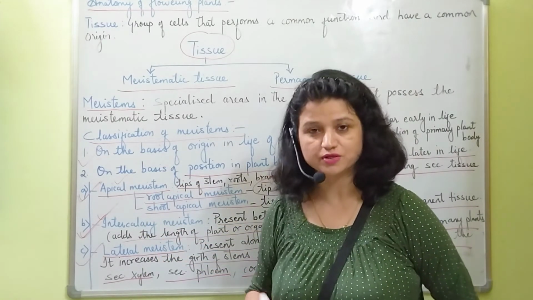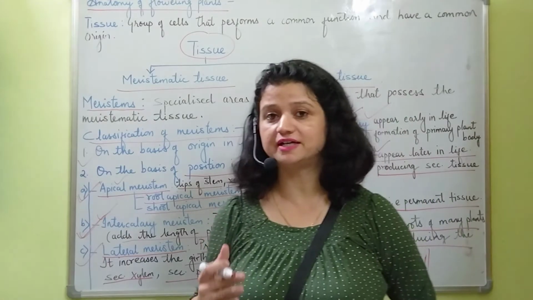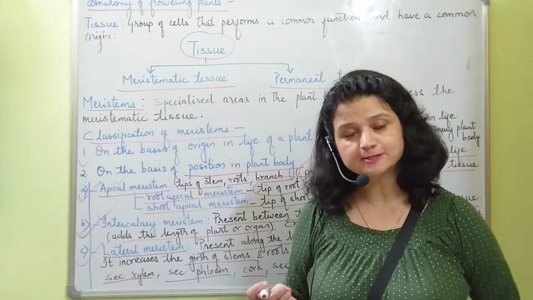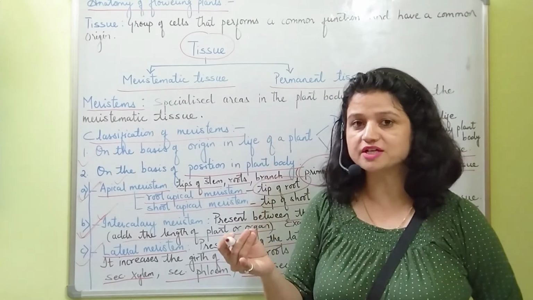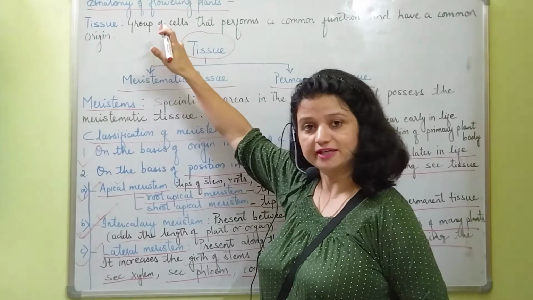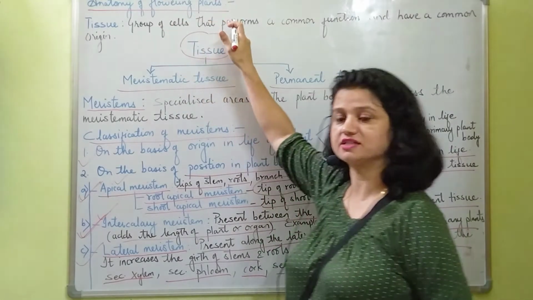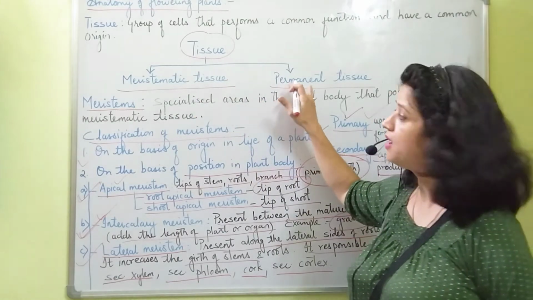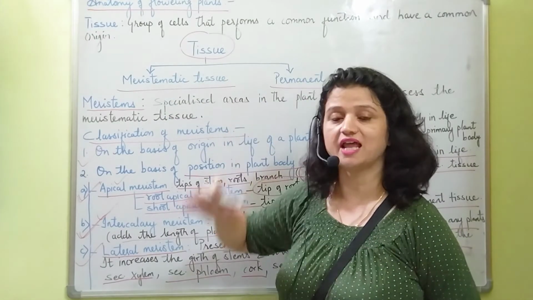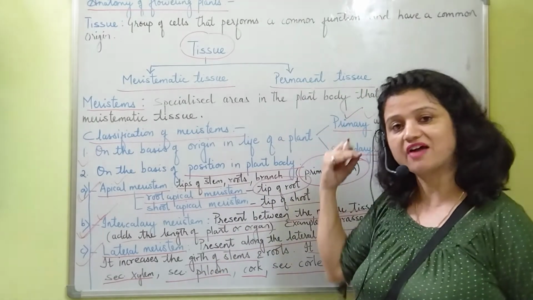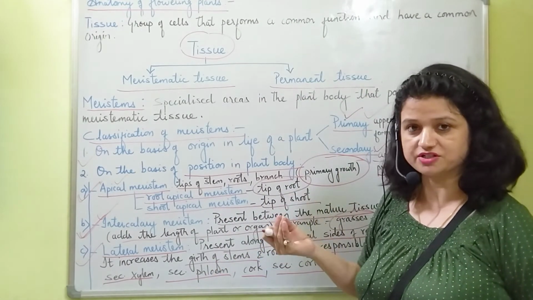So in this part we have studied what is a tissue. Tissue is a group of cells which have a common origin and perform a common function. Plant tissue is classified into two categories: meristematic tissue and permanent tissue. In meristematic tissue the cells have the ability to divide, while in permanent tissue the cells have lost the ability of division.